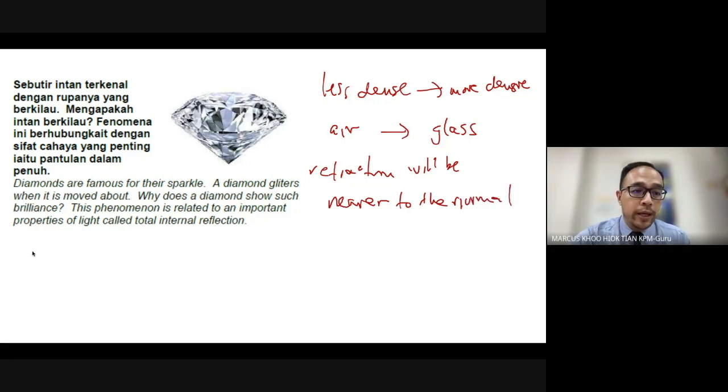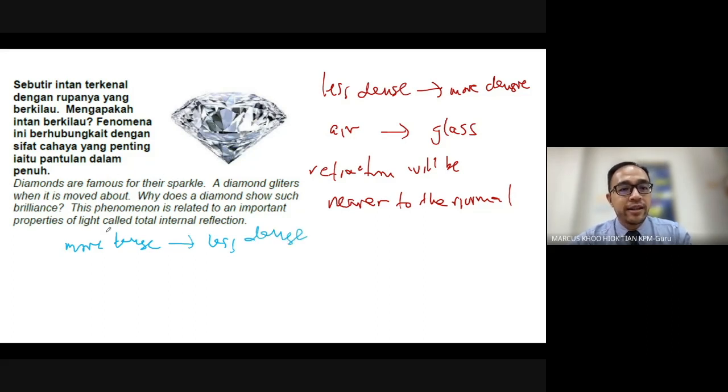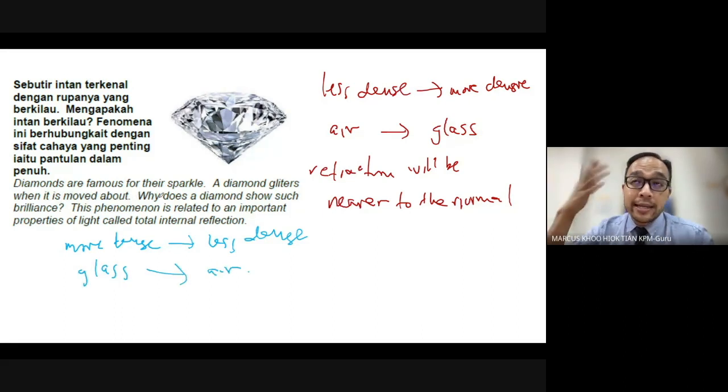And likewise, the other way, if you're going from more dense to less dense, sorry, I'm using a different pen, which makes my handwriting 10,000 times uglier. For example, if you're going from glass to air, air is less optically dense, glass is more optically dense.